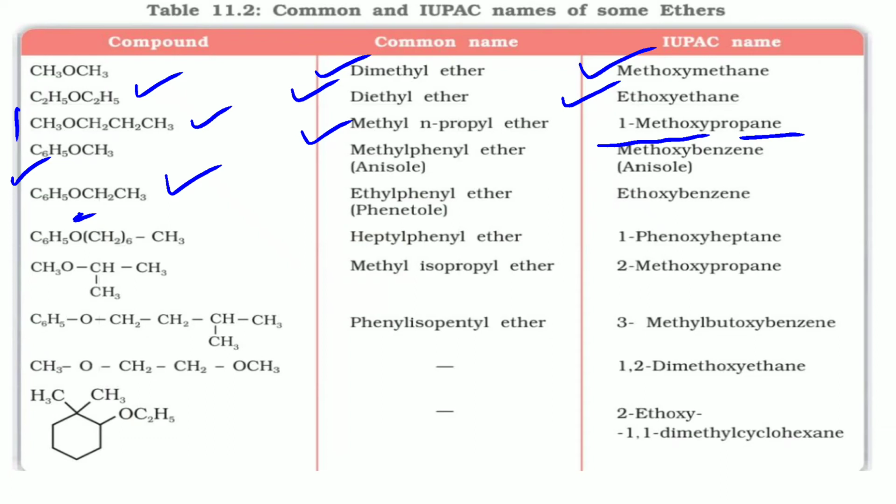It is also known as phenetol. When we talk about the IUPAC name, it is known as ethoxybenzene. Why? Because 2 carbons are there, so ethoxy, and it has to be converted to the alkane, so it is benzene, ethoxybenzene.